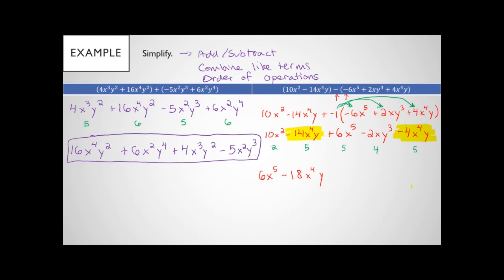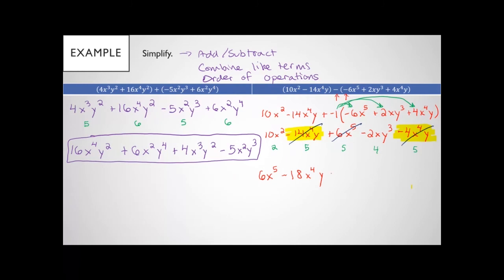So that's taking care of all of the 5th degree terms. And if this gets confusing for you, some people will cross them out so they know what they've taken care of, so they don't get confused. So you can do that so you can see what you have left that you need to put together. So we got through everything that has a 5th degree. Now the next one is degree 4, which is our minus 2xy cubed.